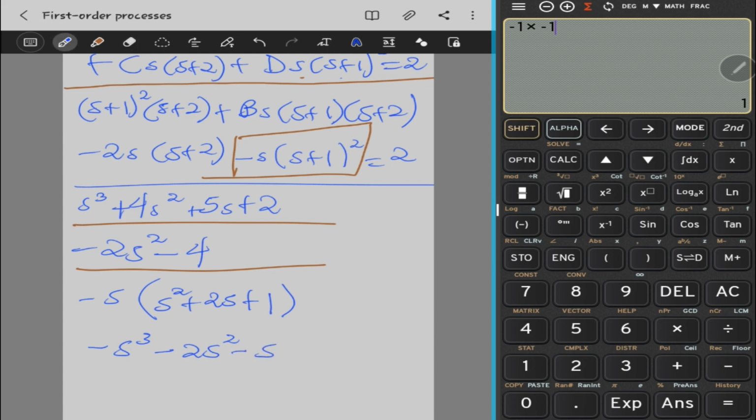Minus s. So this is taken care of. Fine.